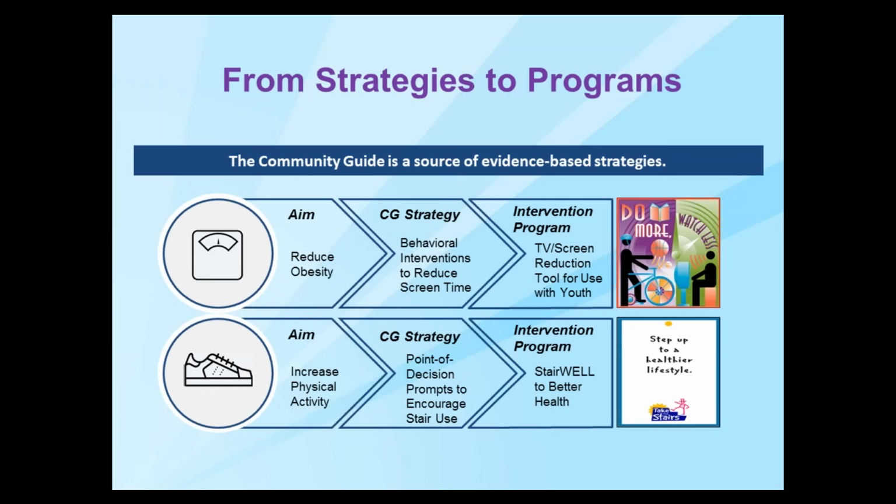There is value in doing that, because if a strategy works across different settings and situations, then if you have a situation where you may need to modify something a little but you fit within the broader rubric, you are more likely to have confidence that that is going to work in your community. So we identify strategies. Next step, slide please.